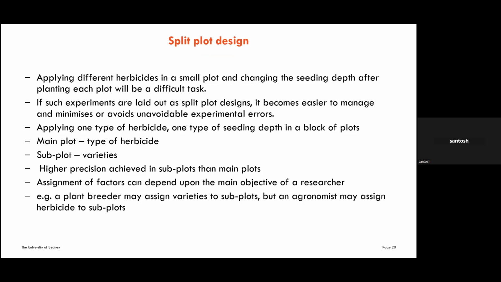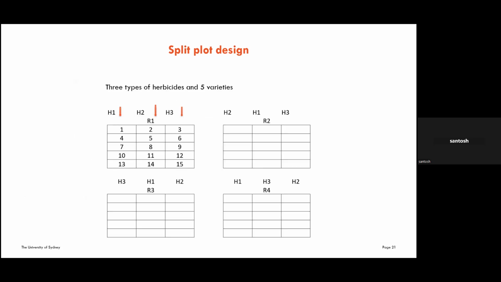So how can you do that? We can do the split plot design. It becomes easy to manage. What you can do here, I have given here 3 types of herbicides and 5 varieties of wheat you want to test. So here herbicide 1, you can go this way, so in this block you get all the same herbicide.